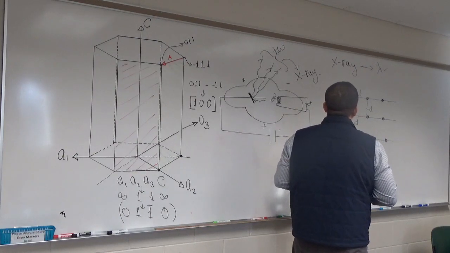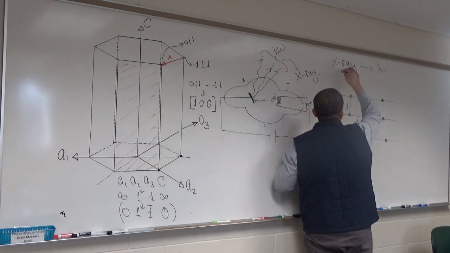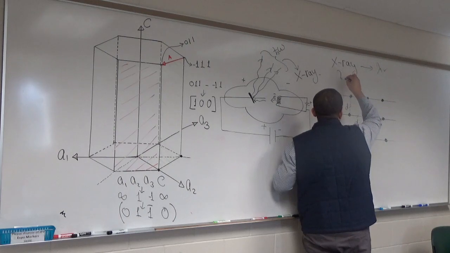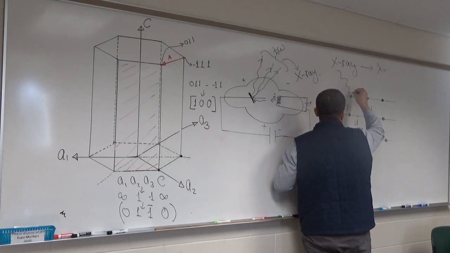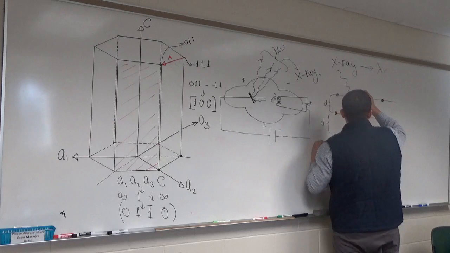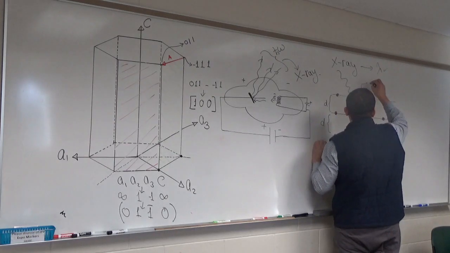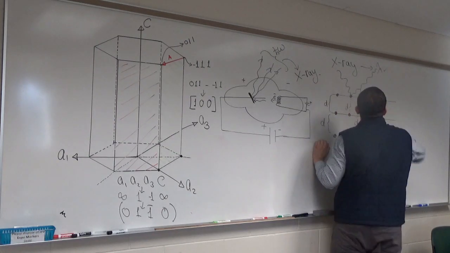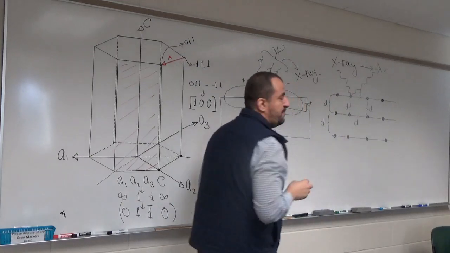So you will see that the X-rays, guys, can go like this. If the X-ray hits the atom, something will happen. It will be reflected to the other side. So this is what Bragg noticed.